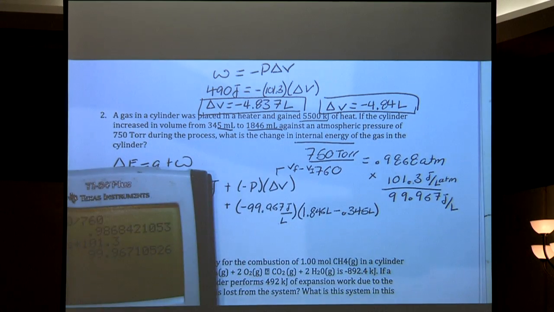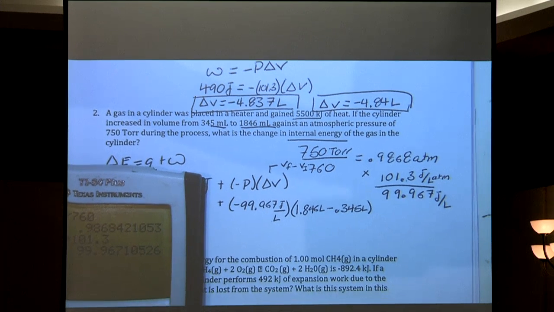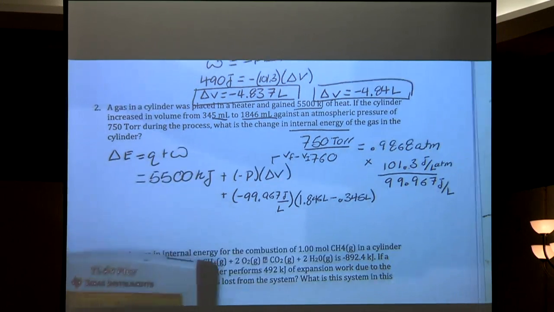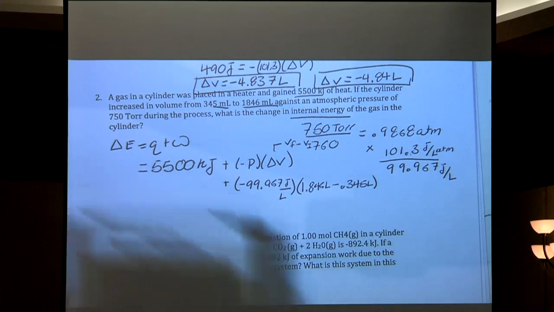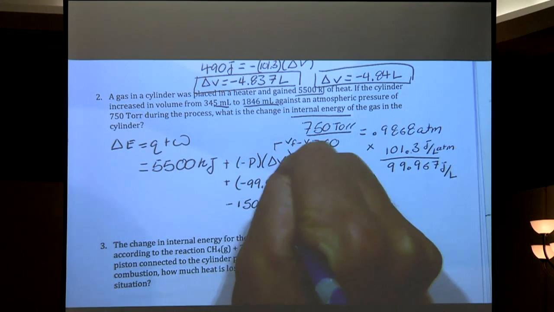Big calculator today. All right, we get a negative 150.05, and that's in joules.